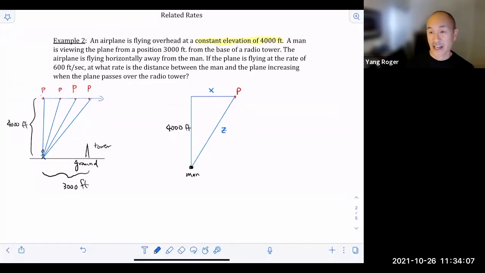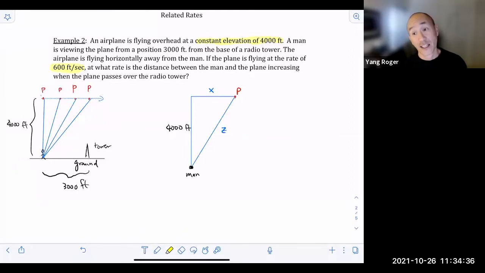Does everybody understand this scenario? So as X increases, the plane is flying away from the man. At that same time, the distance between the man and the plane is increasing. Okay. So now I want to look at this line that says if the plane is flying at a rate of 600 feet per second, this 600 feet per second is a rate. It's a rate of change.